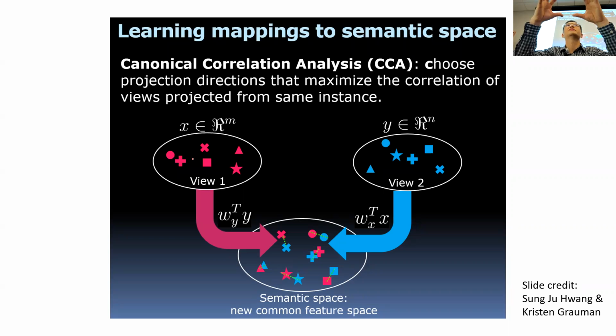It's still the same semantic object, but you just view them from different measurements, and then we have different projections in your collected data. But they should largely overlap. So if you have two views, you will do this CCA and rotate them, so the correlation between them in the shared common feature space will be maximized.